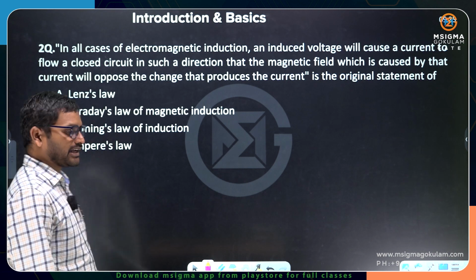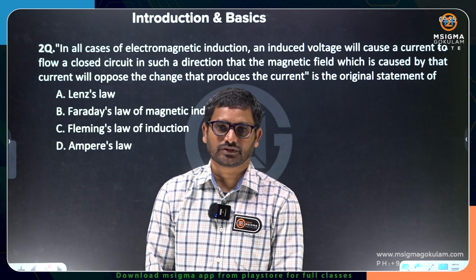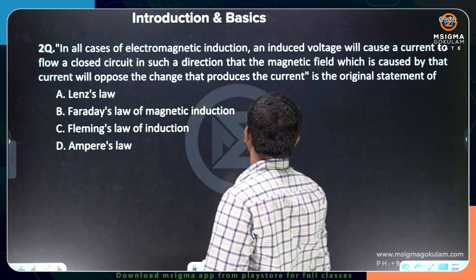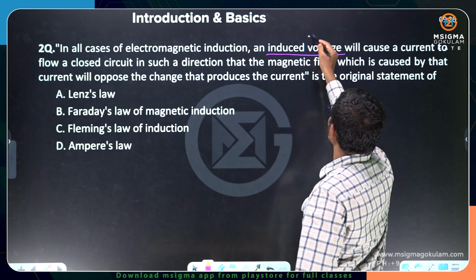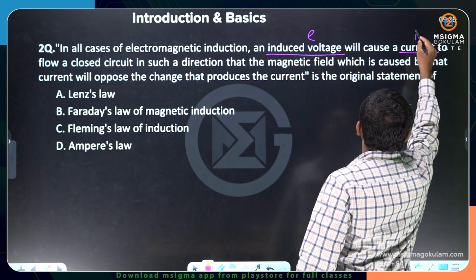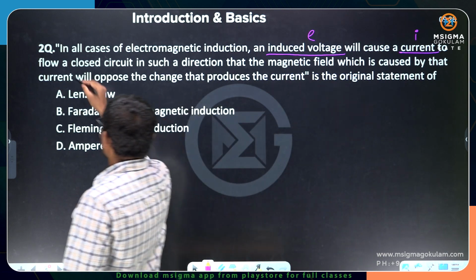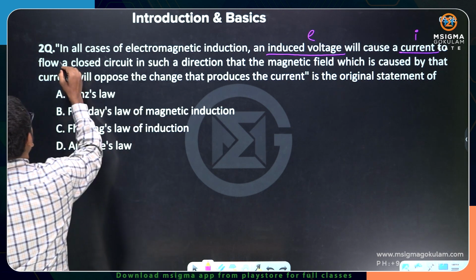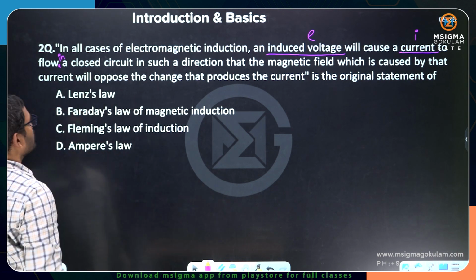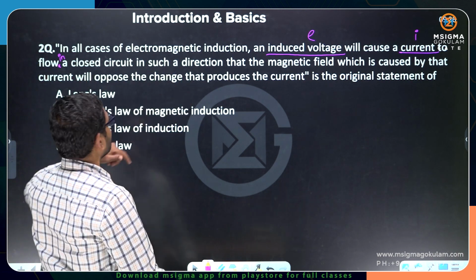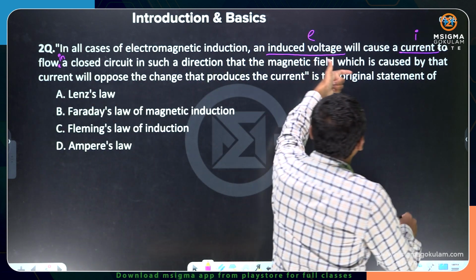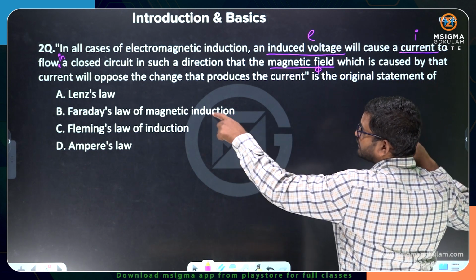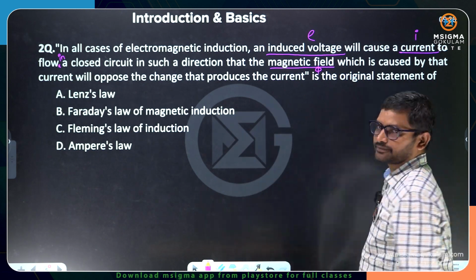Before that, I just wanted to tell you a small question so far we have discussed. The statement is given like this: in all cases of electromagnetic induction, an induced voltage will cause a current flow in a closed circuit, in such a direction that the magnetic field which is caused by that current will oppose the change that produces the current.